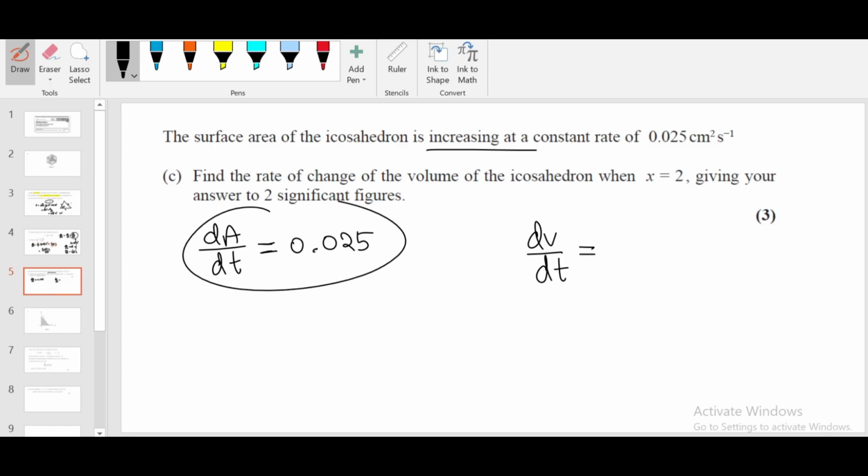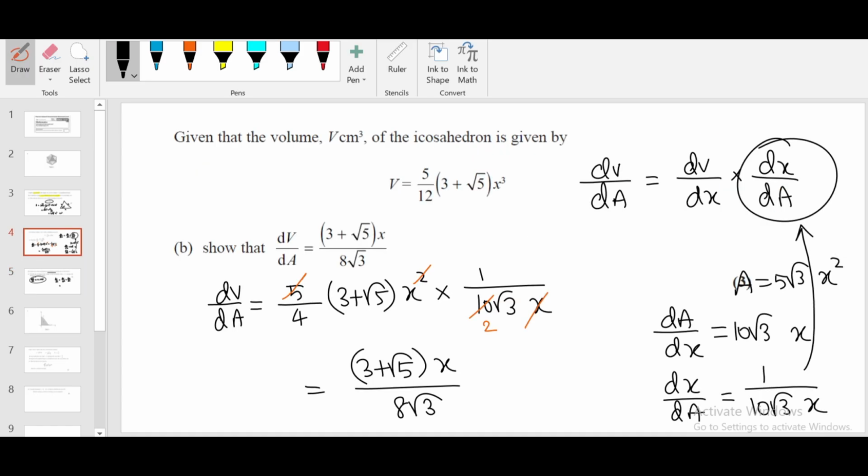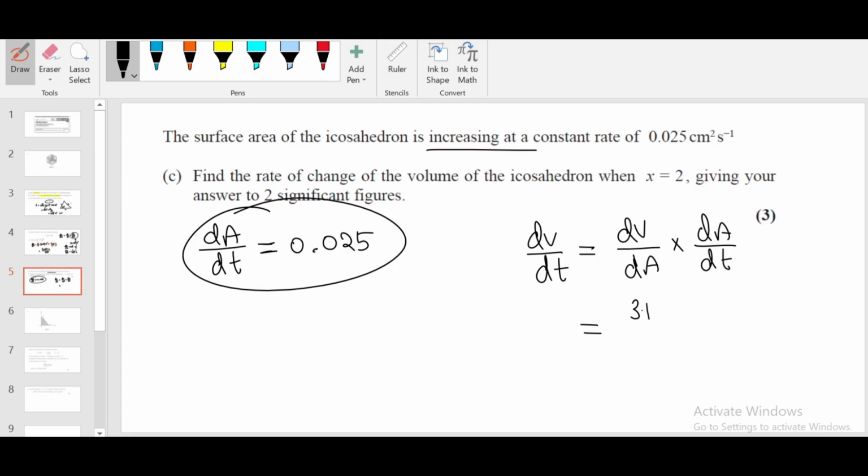Since we have dA by dt, I'm going to write it in terms of A: dV by dA times dA by dt. We calculated dV by dA in the previous part, which is (3 plus root 5) times x divided by 8 root 3, times dA by dt, given as 0.025.